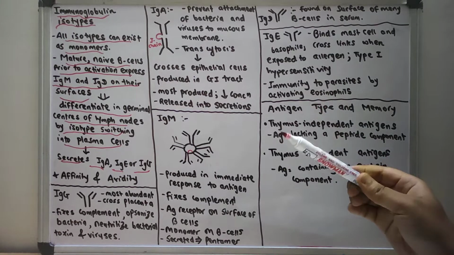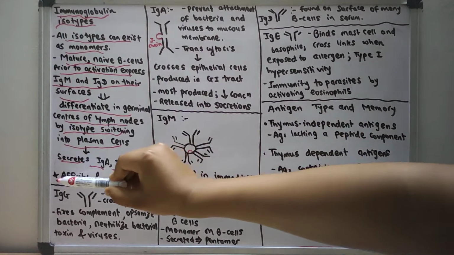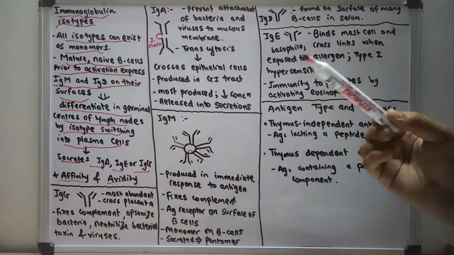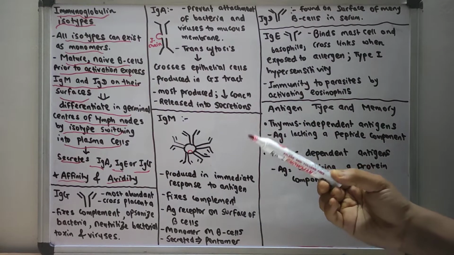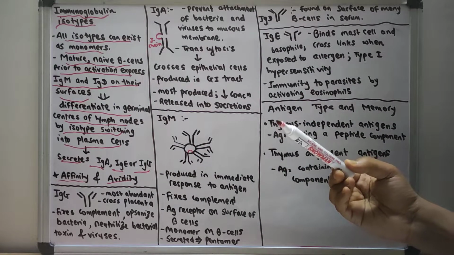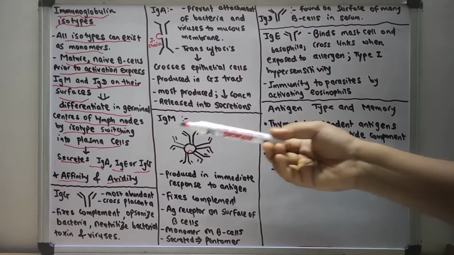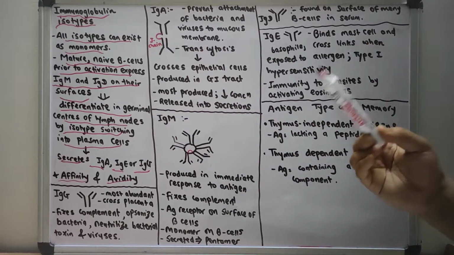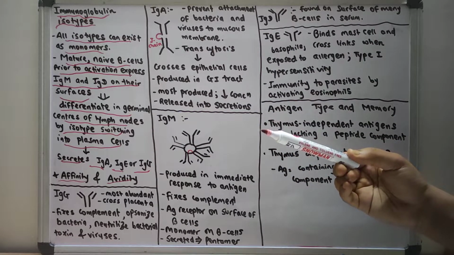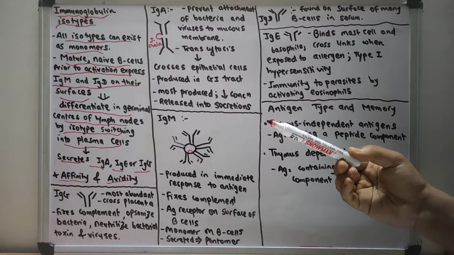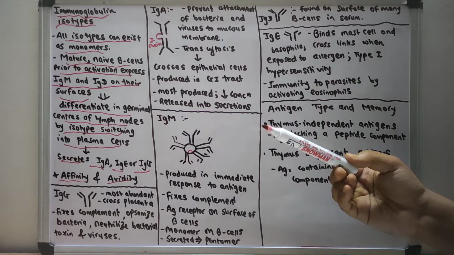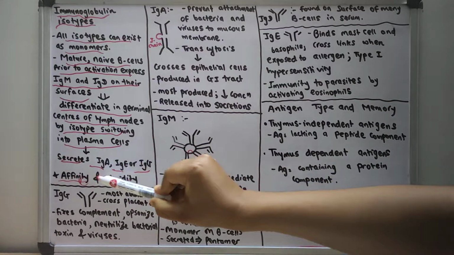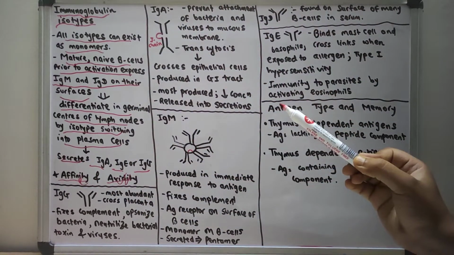I also want to discuss briefly the affinity and avidity. The affinity refers to the individual antibody antigen interaction, while the avidity describes the cumulative binding strength of all the antibody antigen interactions in the multivalent molecule. So these terms, affinity and avidity, in the immunoglobulin you should know.